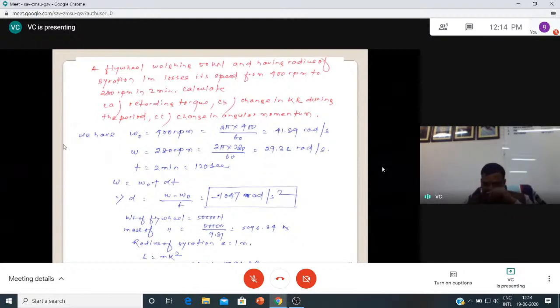Omega is equal to omega naught plus alpha t. Depending on the data, the initial velocity is given as 400 rpm and the final velocity is 280 rpm, reducing, and the time is 2 minutes. Omega is equal to 2 pi N by 60, where N is given.